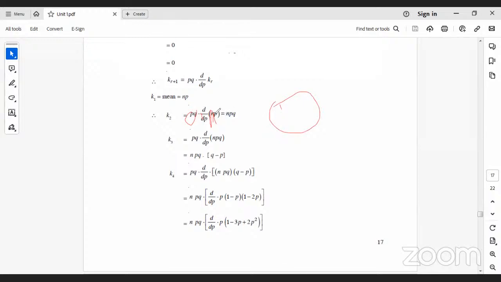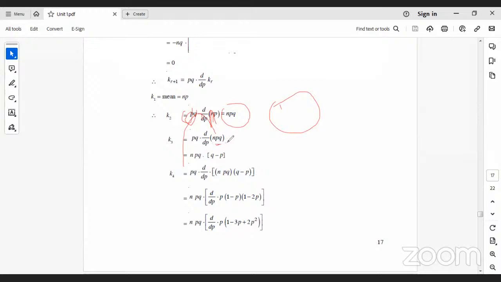So dp by n, p into 1 into n, therefore pq into n. So k3 is pq into d by dp of npq. Again we are taking the n constant here, npq, d by dp of pq. So it is a derivation.